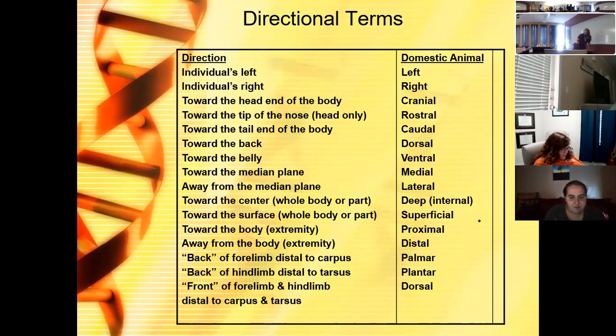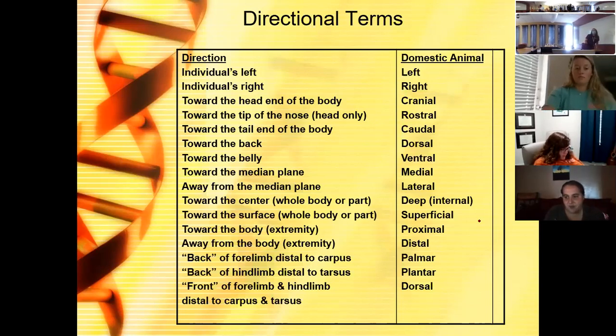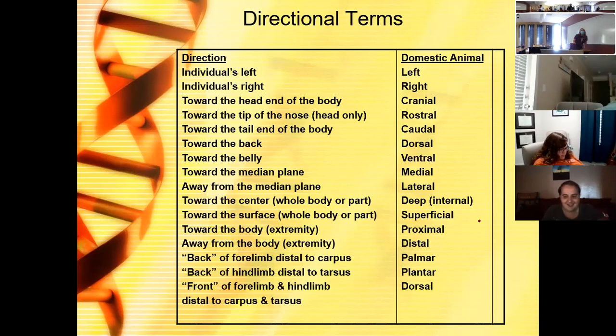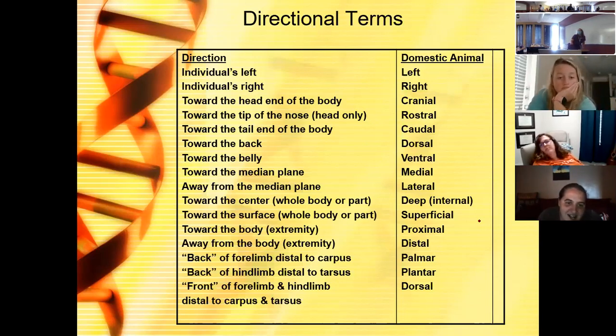Lateral, cranial, caudal, distal, medial, deep, rostral, palmar, right, ventral, good, caudal, dorsal, cranial, left, palmar, right, dorsal, plantar, medial, good, deep.